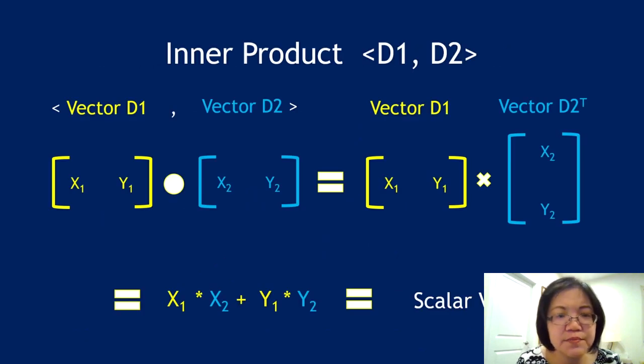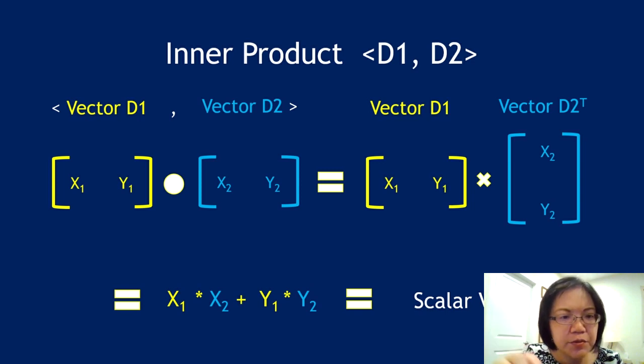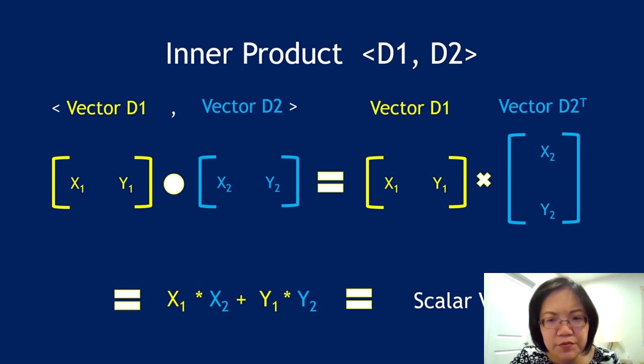So what is inner product? Inner product is written with brackets around D1 and D2, the two data points inside. You can look at this vector x1, y1, and x2, y2, and the inner product is represented with a dot. Basically, it's the first vector multiplied by the transposed vector D2.